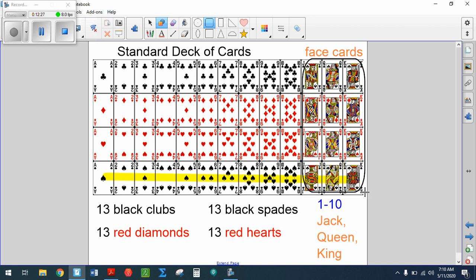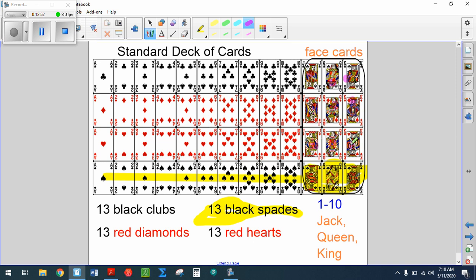There are 3, 6, 9, 12 face cards. 3 of the face cards we've already counted. Right, these bottom 3 face cards that are spades, we've already counted in the 13 spades. So there are 13 spades plus 9 additional face cards.